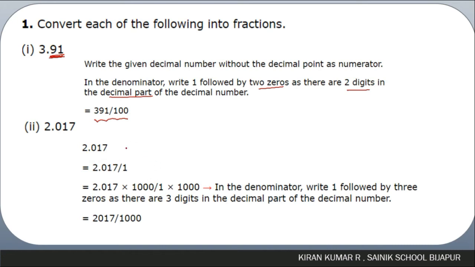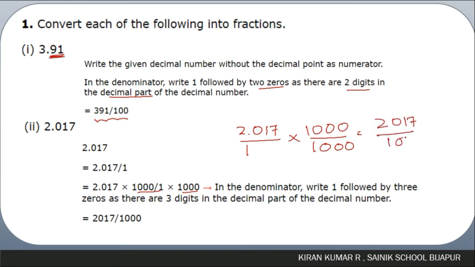It can be expressed in a direct way also, or else you can follow this method. The numerator is multiplied with 1000 and the denominator is also multiplied with 1000. We get 2017 upon 1000. This will be the same as 2.017.